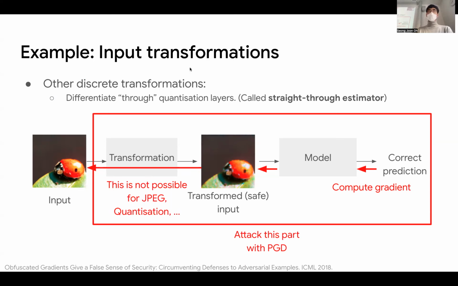What about other discrete transformations, such as JPEG encoding and decoding? So if they just try to generate the gradient here, it doesn't work because this is a discrete transformation. But they can still generate gradients by just assuming that the forward pass was just an identity mapping. Okay, then the gradient just goes through, and this is called the straight-through estimator.